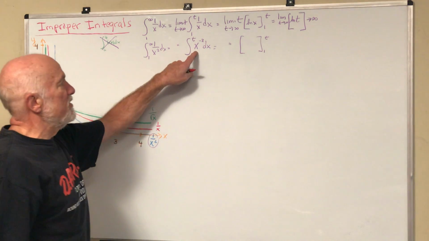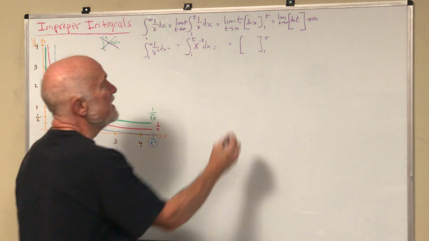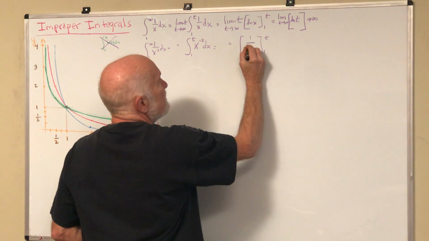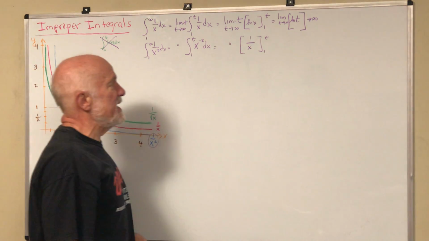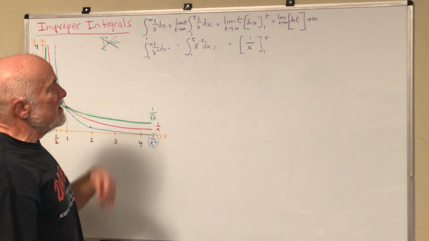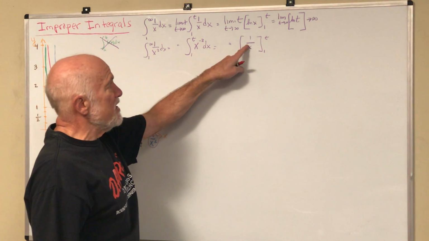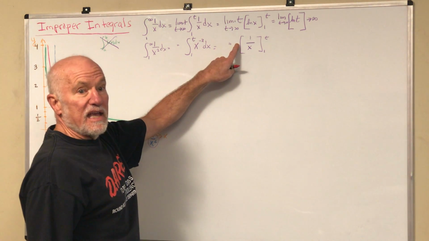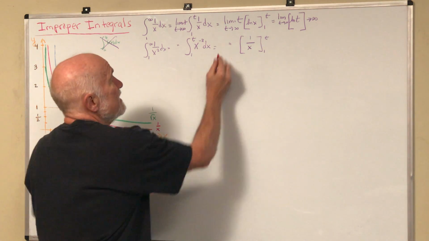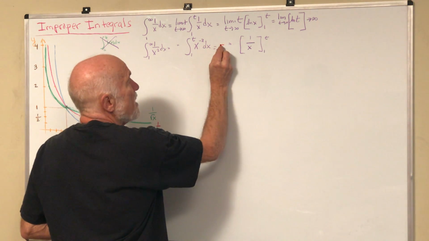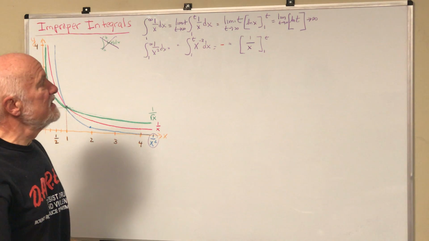What's the antiderivative of x to the negative 2? It's x to the negative 1 divided by negative 1. And you can leave the negative 1 in here, or you can bring it outside, and you can even bring it outside of the limits. Because remember, limits are still our friends.